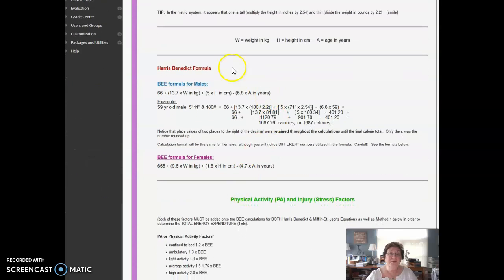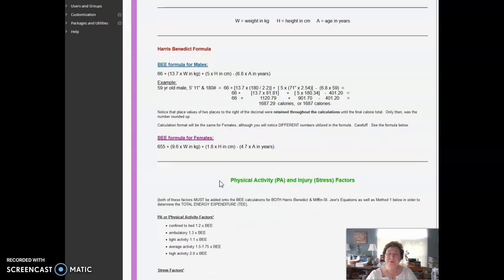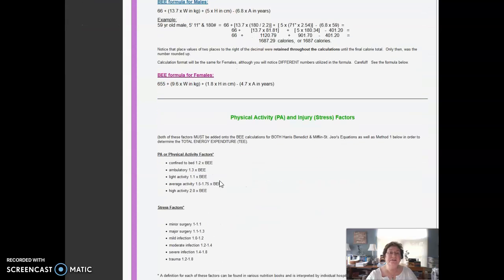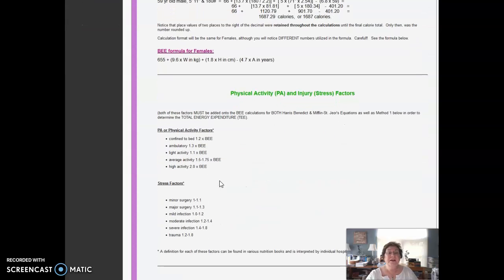All right, so you'll see some other formulas here. We used to use this Harris-Benedict formula faithfully. This was the gold standard, but things have changed a bit now. In addition to calculating the formulas, you must add a physical activity factor.